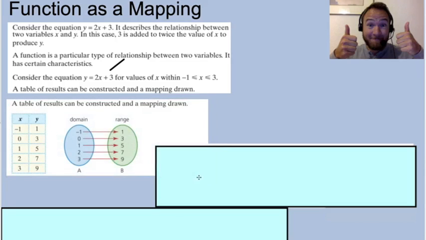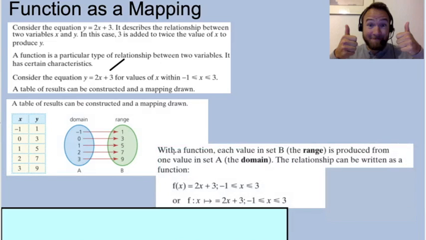So let's take a look here. With a function, each value in set B, the range, is produced from one value in set A, the domain. The relationship can be written as f of x equals 2x plus 3, where x is between -1 and 3.